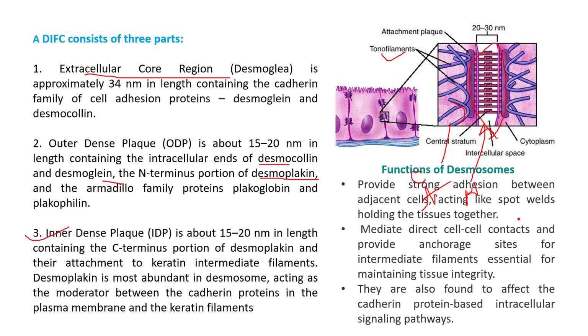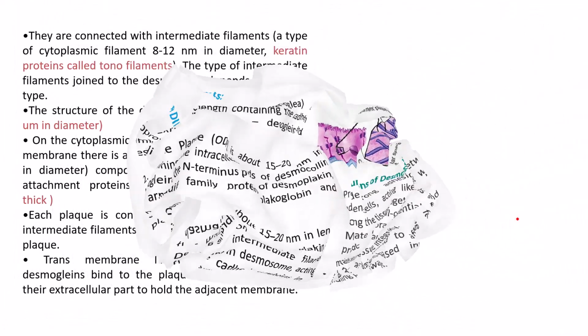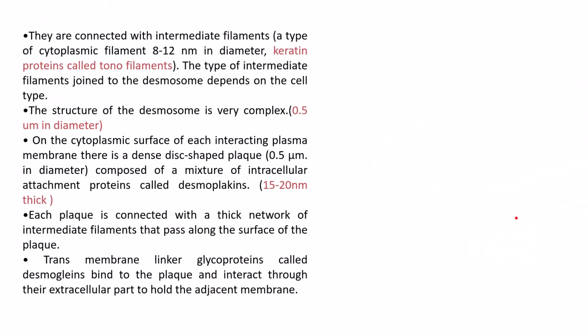They are also found to affect cadherin protein based intracellular signaling pathways. Okay, so they are connected with intermediate filaments like keratin, and a single filament is around 8 to 12 nm in diameter, and we call a single filament a tonofilament. When these tonofilaments join together, they form keratin filament.